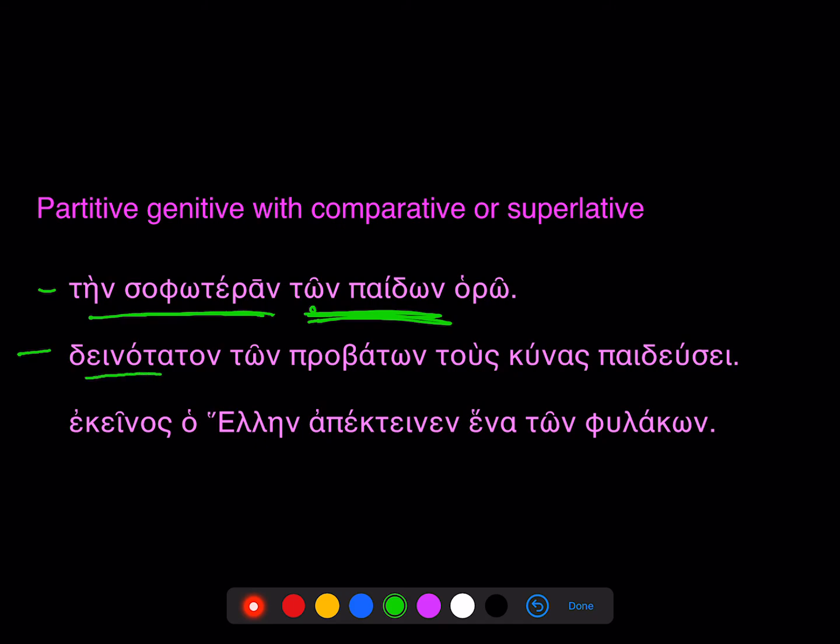The most clever of the sheep will teach the dogs. Again, partitive genitive. Finally, and this one is not with a comparative or superlative, but it's still a partitive genitive. Ekeinos ho Hellēn apektenen hena tōn phulakōn. That Greek killed one of the guards. Partitive genitive.